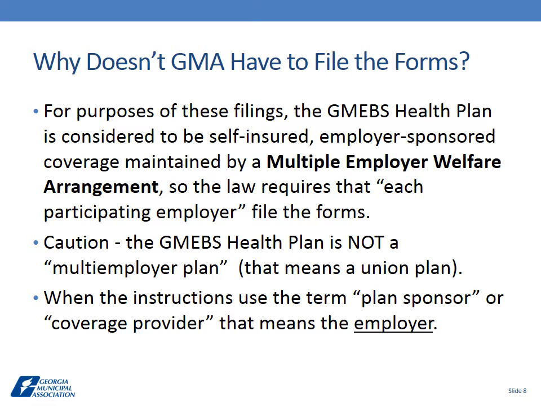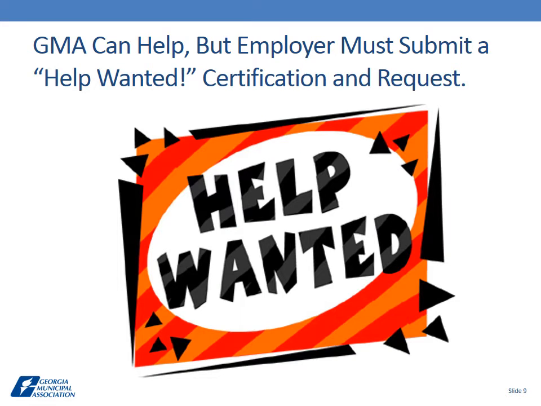Please be aware the GMEB's health plan is not a multi-employer plan. That is a defined term, and it means a union plan, a plan that's governed by collective bargaining agreements. So whenever the instructions use the term plan sponsor or coverage provider, that means the employer. GMA can help, but the employer must submit a certification and request.